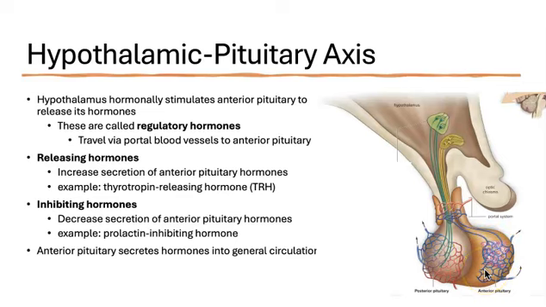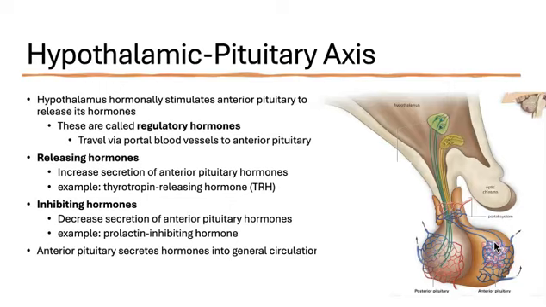So for instance, we were recently talking about the thyroid gland, and the hormone we said was released from the hypothalamus was our thyrotropin releasing hormone. The hypothalamus can also synthesize some inhibiting hormones, and this decreases the stimulation or secretion of anterior pituitary hormones.